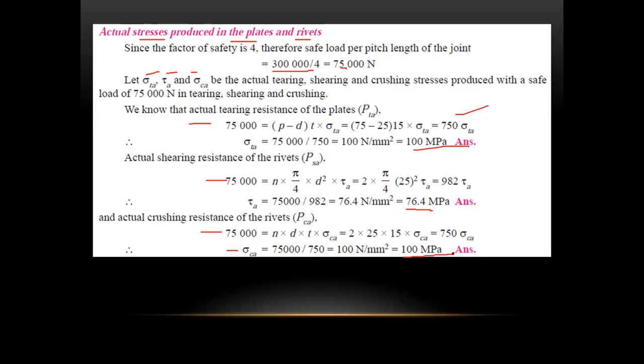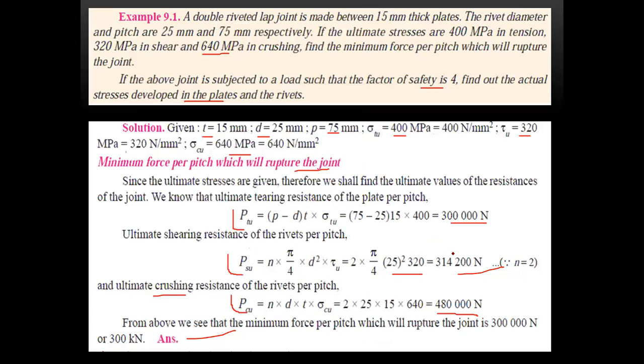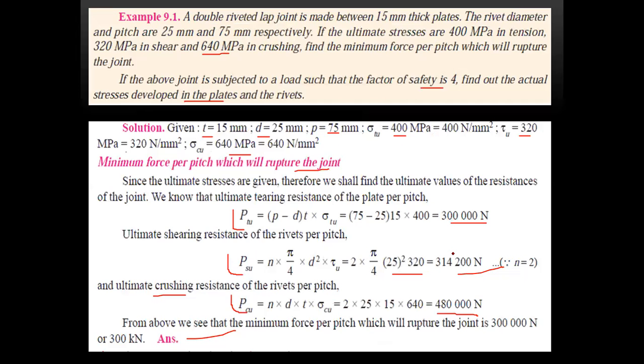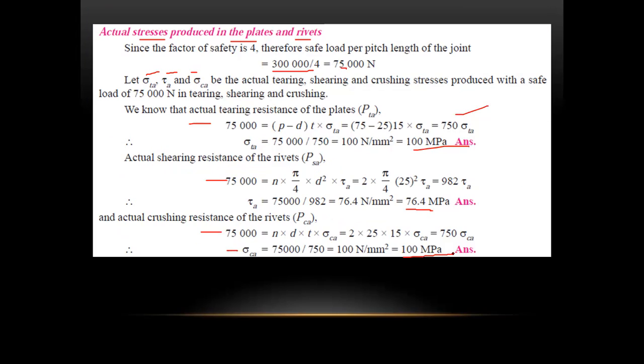Like this you have to calculate. Sigma ta, sigma ca, tau a are all less than the ultimate stresses, so it is safe.